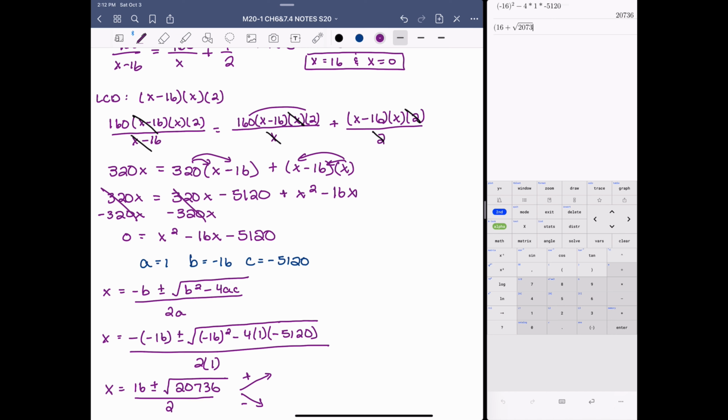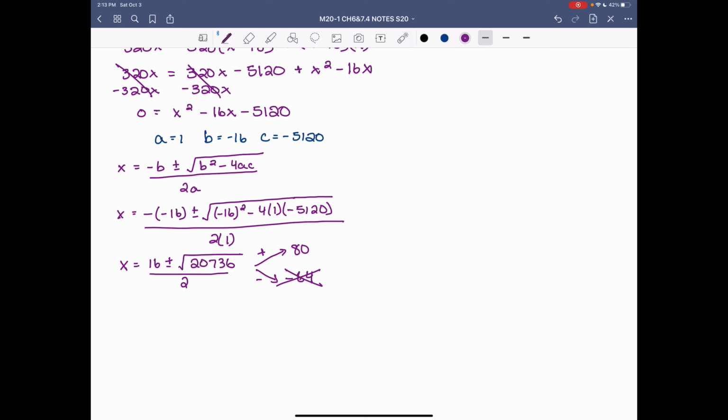Okay, what does this represent? X, we saw up here, we defined x as the faster speed of the train. So x is a speed, which means it can't be negative, so it can't be this one. That means this is the faster speed of the train is 80 kilometers per hour.